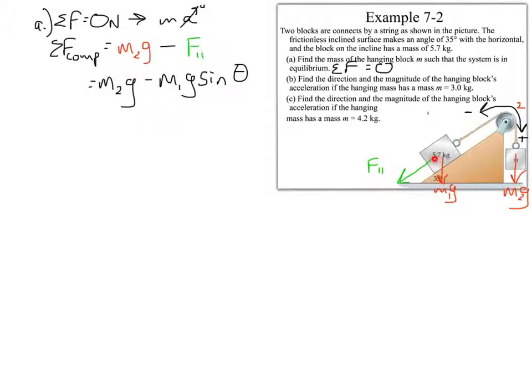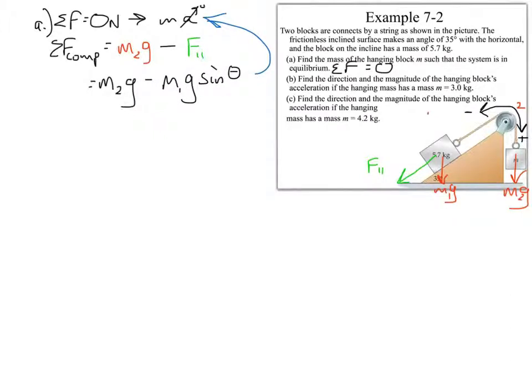All right, and what is all that equal to? Well, it equals the net force on the whole system, which we said before is going to be 0 because it's in equilibrium. So we can say this: mass 2 g minus, sorry about that, I'm going to erase this and rewrite that back in, mass 1 gravity sine theta.